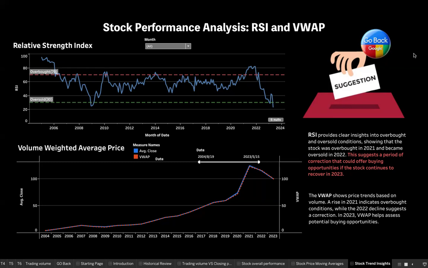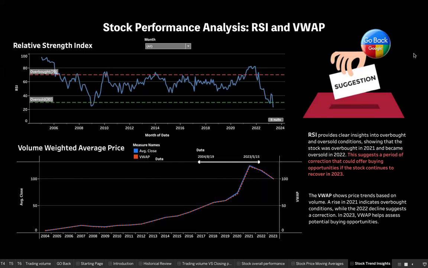Looking at the RSI graph at the top, RSI measures momentum with a value between 0 and 100, and the key levels are 70, which indicates overbought, and 30, which indicates oversold conditions. So here we can see that in 2021, the RSI crossed above 70, signaling an overbought stock.